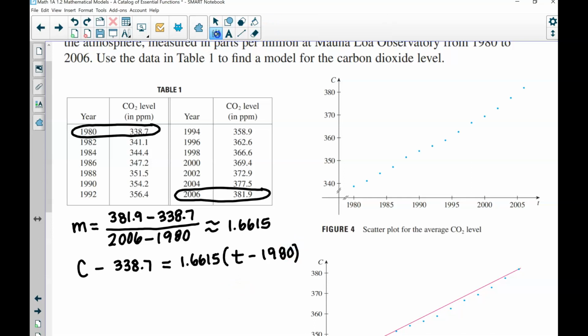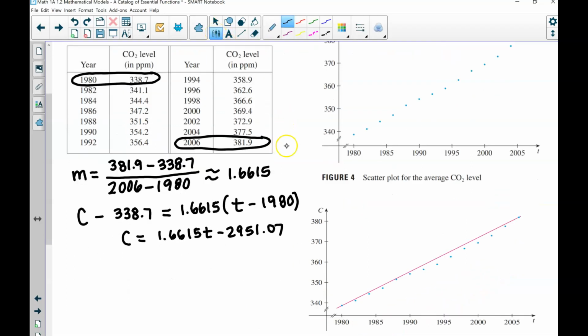Now, if we distribute and solve for C, we get the following equation: C equals 1.6615t minus 2951.07. And so that represents the equation.